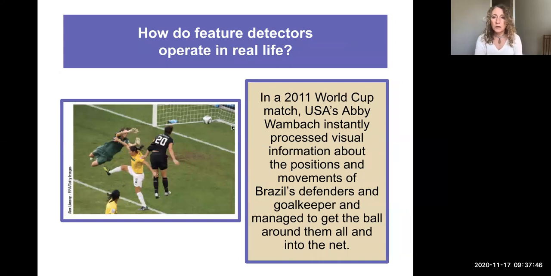An example here is Abby Wambach. She had her feature detectors help her recognize the color, the form, the detail, the lines, and the edges, so she could actually score the goal and get past the goalkeeper.